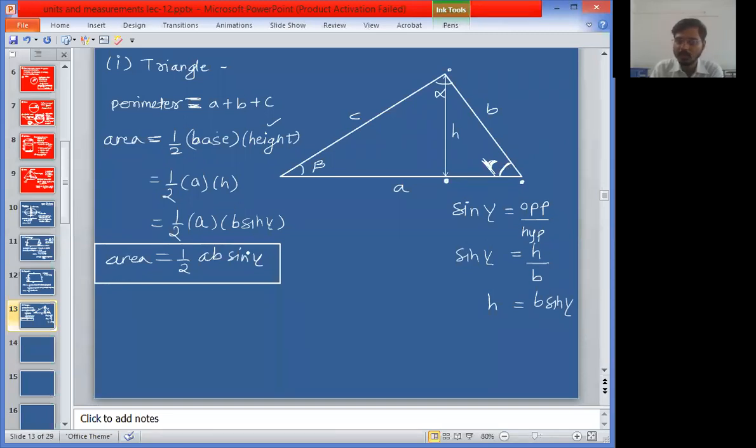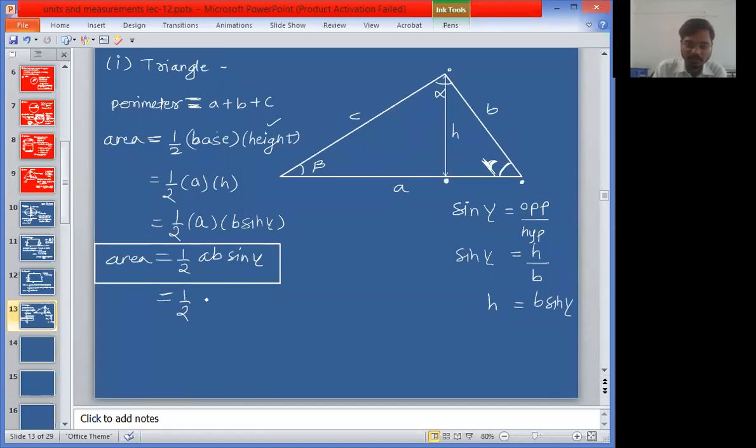A into B into sin gamma means adjacent sides multiplied by sine of the angle between them, and this 1/2. Check if we can write it like this, kids. 1/2, these two are also adjacent sides.